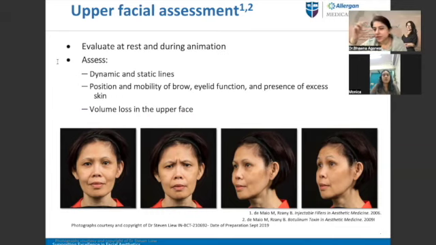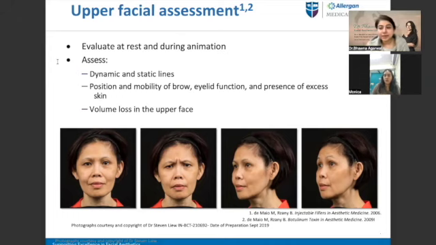So first, at rest, you will take a front view, profile view, and oblique view, oblique right and oblique left, right? Then in action, raising the eyebrows, making a frown, and closing the eyes forcefully for crow's feet. So these are the three things that you ask them to do before injecting Botox. And all these pictures are taken before and after.